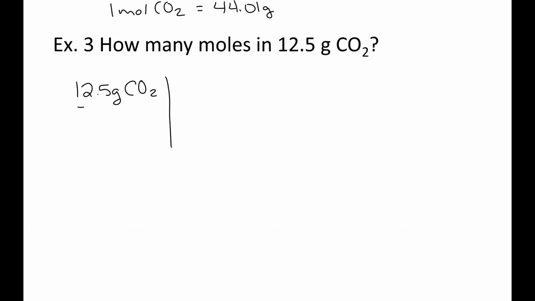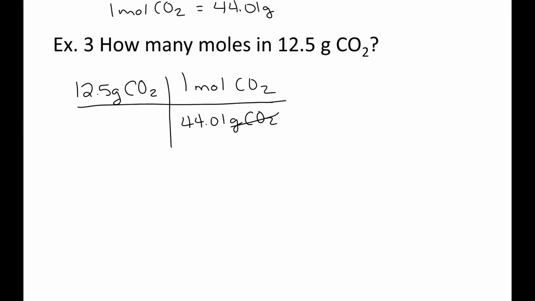That means the molar mass is going on bottom. So I'm going to put 44.01 grams of CO2 with my 1 mole of CO2 on top. Now, grams of CO2 are going to cancel out because one's on top and one's on bottom. Remember, they have to be diagonal to cancel out.